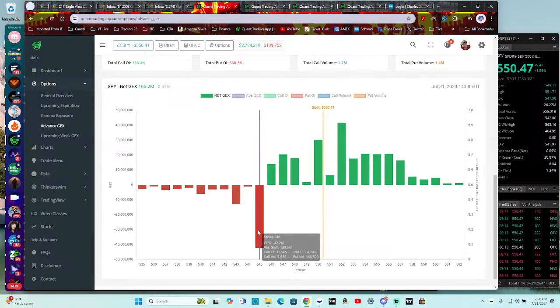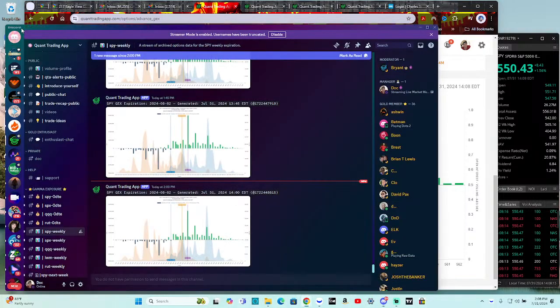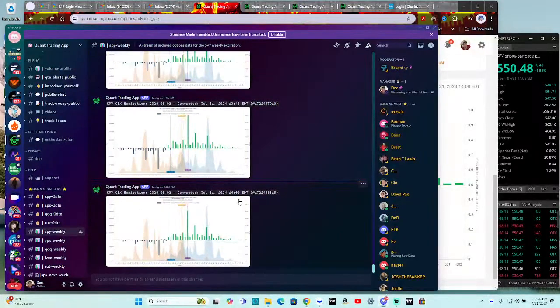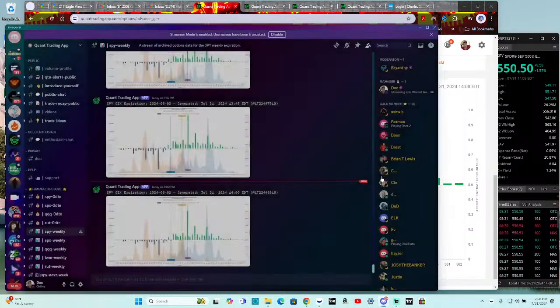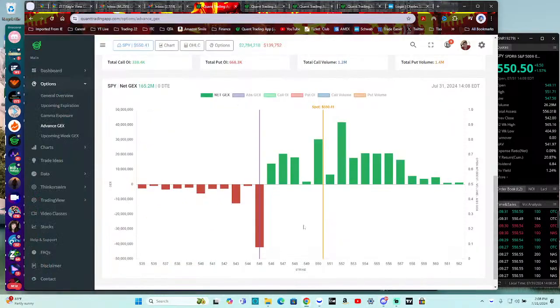So now we have red, net negative. And we'll see if that changed. It's not out yet. So another one's going to be out in 7 minutes. We'll come back. Remember, the navy blue means it's net positive. Net positive environment, the net GEX positive. The red means net negative.